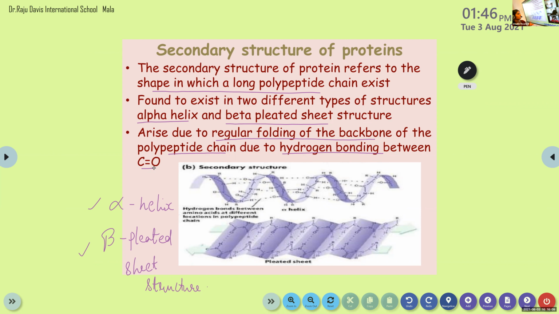Due to the hydrogen bonding between the carbonyl groups, there will be one folding in that straight chain. That is known as secondary structure, and it exists in two forms, either alpha helix structure or beta pleated sheet structure.